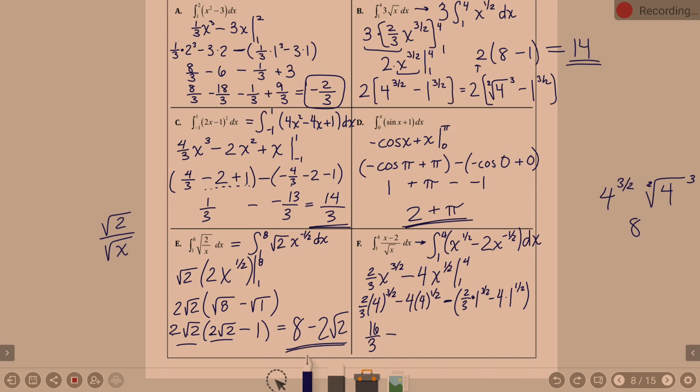Minus 4 to the 1/2, square root of 4, which is 2, times 4, which is 8. Minus, parentheses, 1 to any power, times 2/3, makes it 2/3, minus 1 to any power, times 4, minus 4.